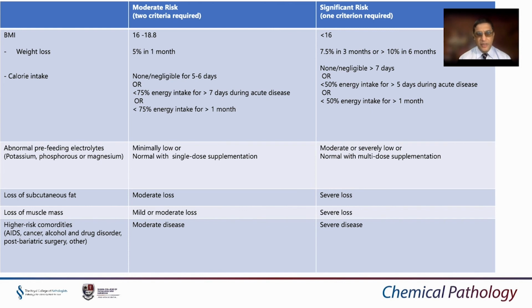A risk assessment can be performed on patients that can classify them into moderate or severe risk. The criteria used include BMI, abnormal pre-feeding electrolyte patterns, loss of subcutaneous fat, loss of muscle mass, and high-risk comorbidities.